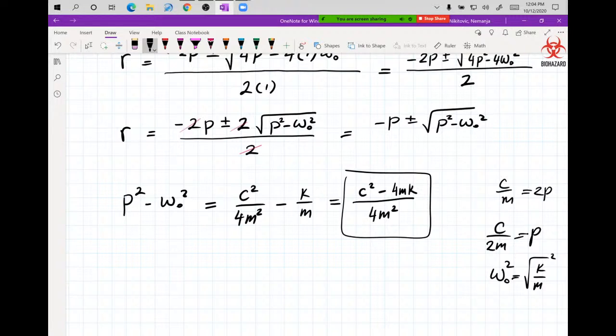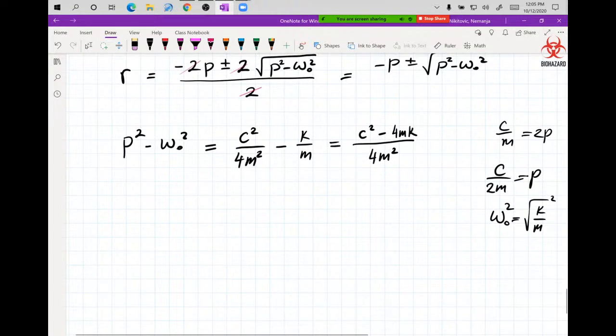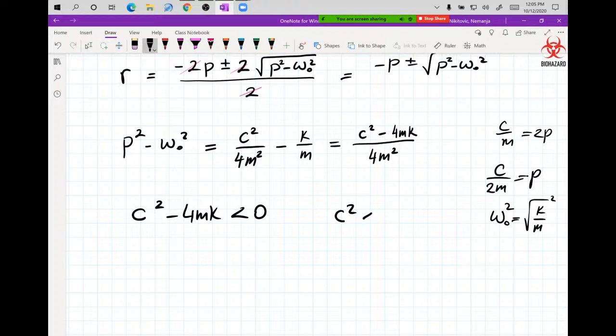So clearly, the entire calculation up there is that c squared minus 4mk needs to be less than 0, which all means that c squared needs to be less than 4mk. Otherwise, you do not have oscillations.